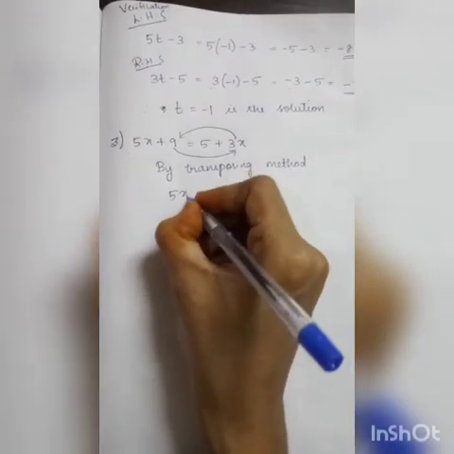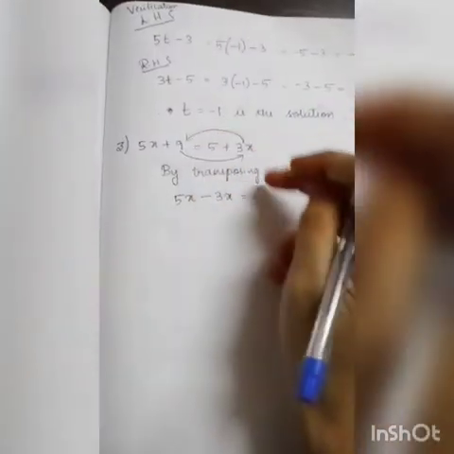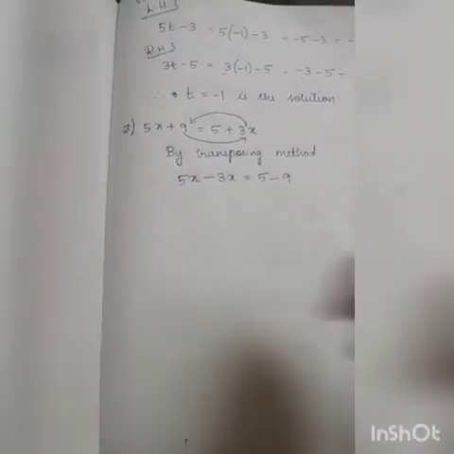5x as such. Plus 3x if it goes that side becomes minus 3x. 5 I am writing. Plus 9 goes that side, it becomes minus 9. Do you have any doubt in this?